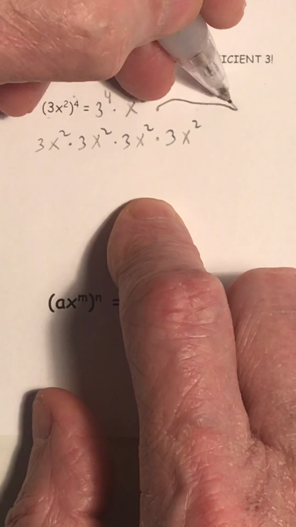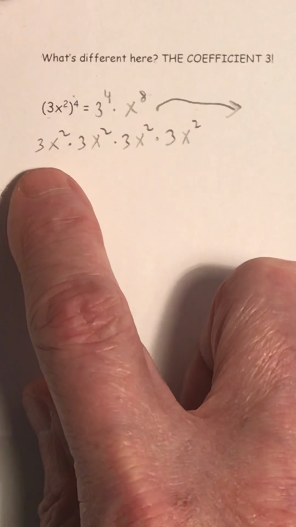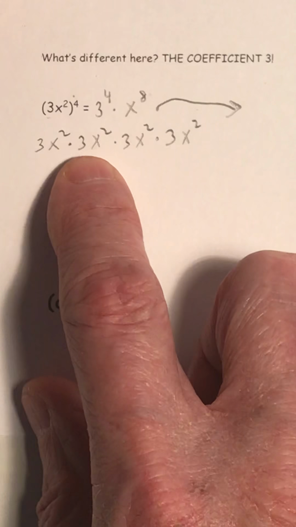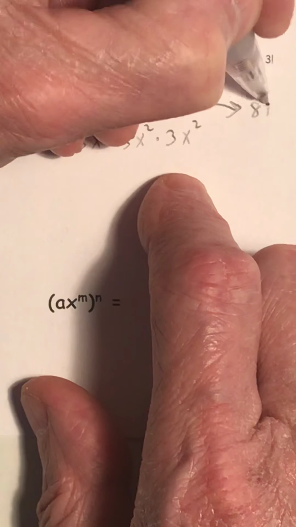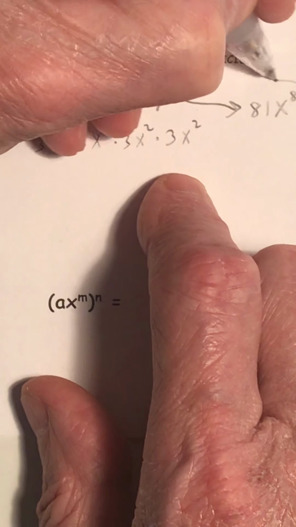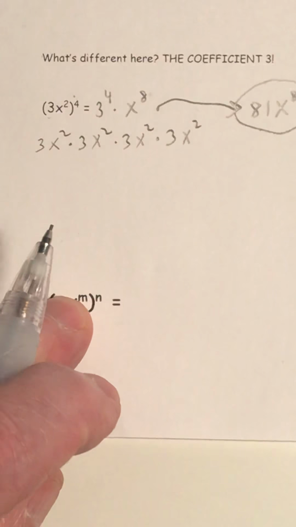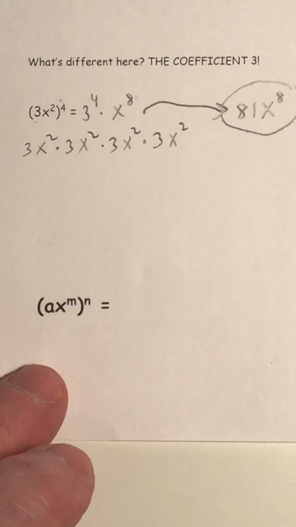So let me write the answer over here because I've made a mess. 3 to the 4th power, if you multiply that out or use the calculator, 3 times 3 is 9, times 3 is 27, times 3 again, so all the way up to 81. So this is 81x to the 8th power. Okay, 81x to the 8th.